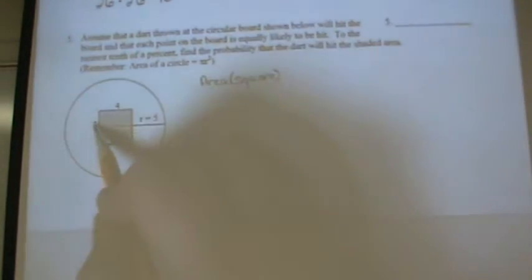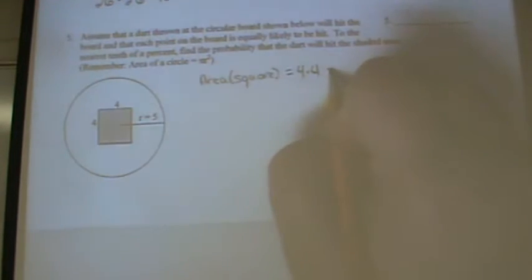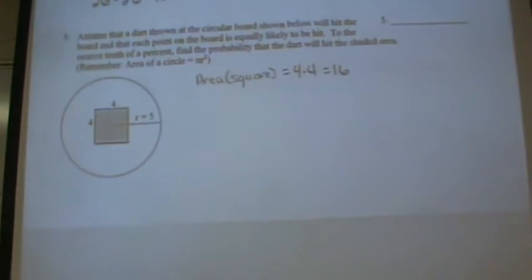So, area of a square, remember, is side squared or length times width. You're given that both sides equal 4. So the area of our square is going to be 4 times 4. So we get 16.